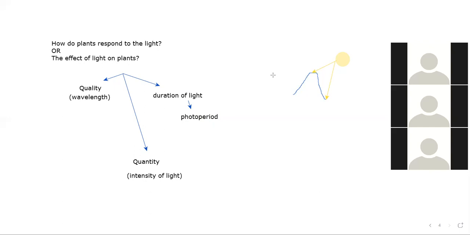The rays have to travel a lesser distance to reach the surface, so there is less loss of energy on the way. If the energy loss is less, then more energy will be received at this point. This is how the quantity of light is affected by a change in place.